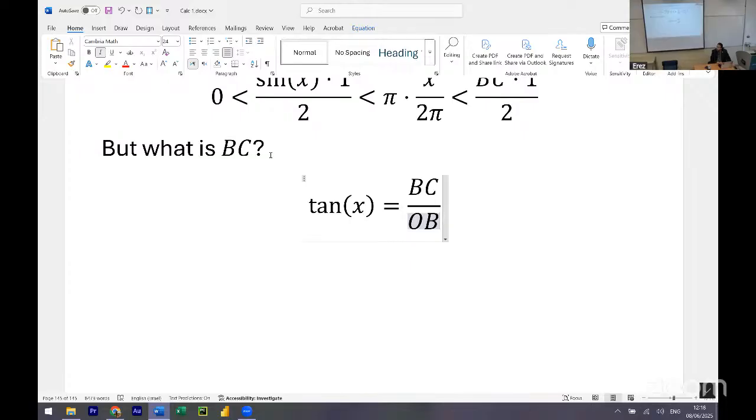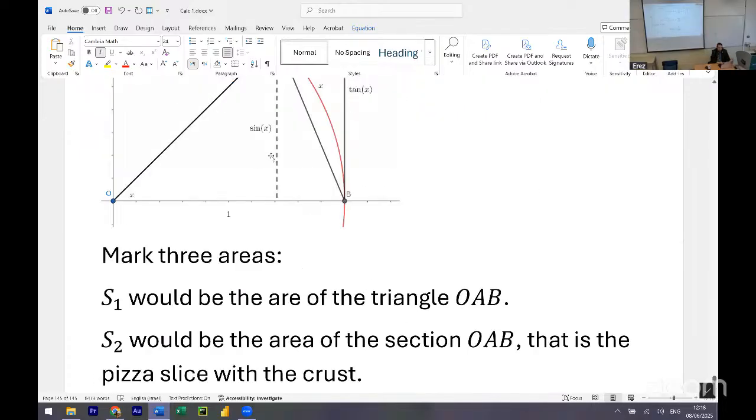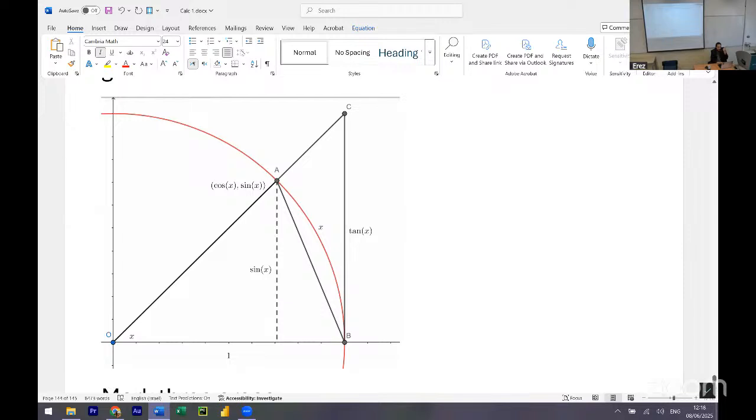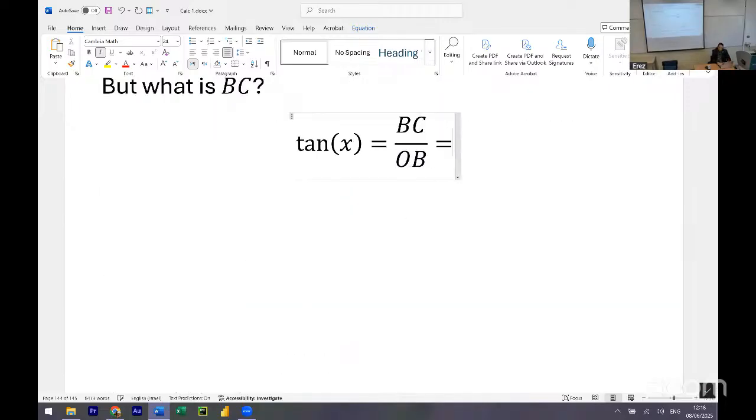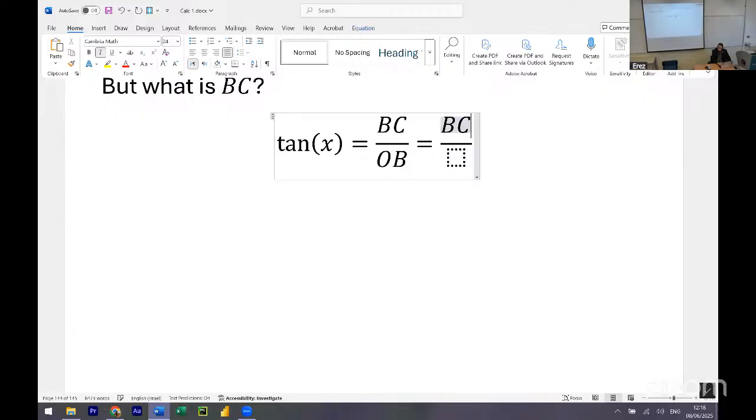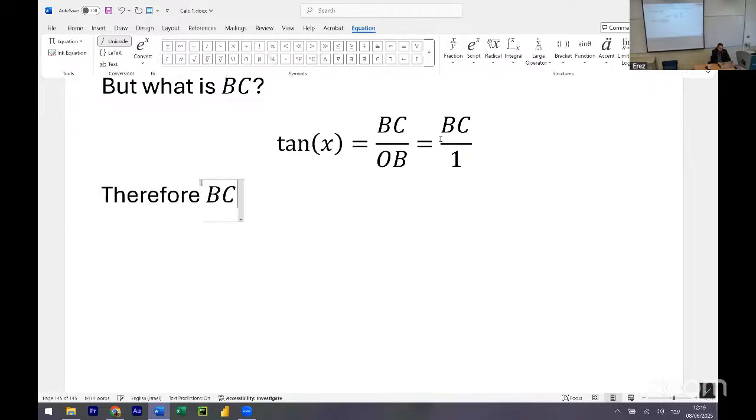I'm just looking at OCB, and in every right angle triangle, the angle here is X. So the tangent of X is the opposite over the base. And what's special here is that the base is 1. So BC over OB, that's BC over 1, which means, therefore, BC equals the tangent of X.